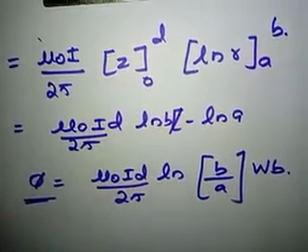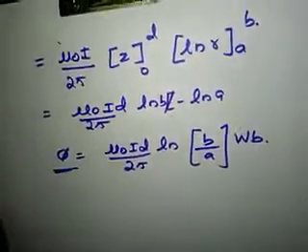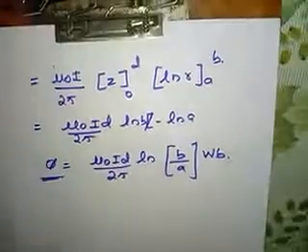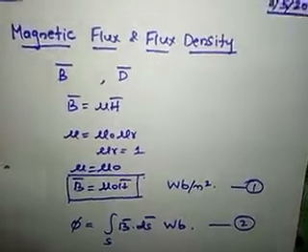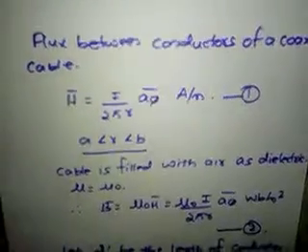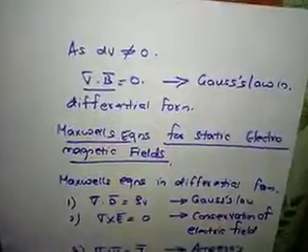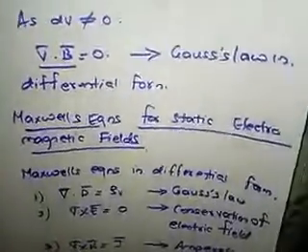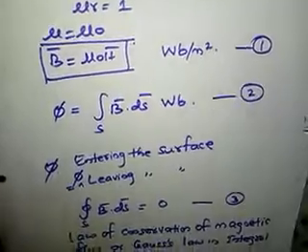In this class we have covered various topics. We started with the magnetic flux and flux density. We derived the equation for magnetic flux and flux density, that is, del dot B bar is equal to 0, the differential form of Gauss law, then the integral form, the surface integral of B bar dot ds bar is equal to 0.